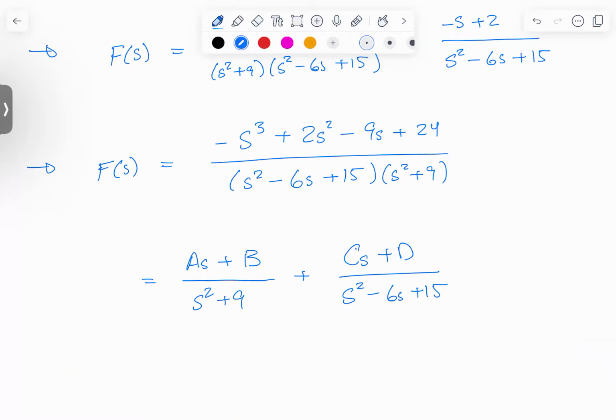So this is where the partial fractions get really rough, right? Because with all these S's in the numerator, the real love of partial fractions is when you don't have any S's in the numerator.